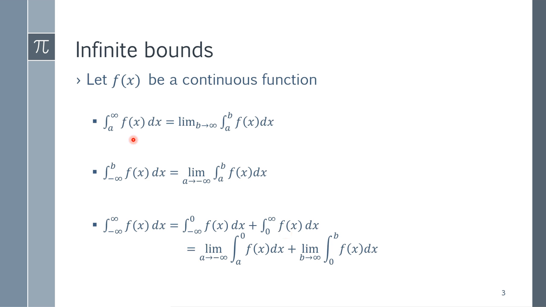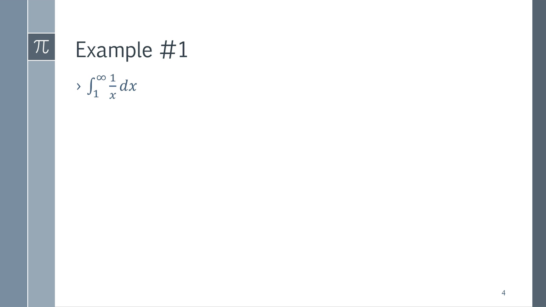So an example of this: if I am looking at the integral from 1 to infinity of 1 over x, I cannot actually evaluate this right off the bat because infinity is not a real number. So the first thing I have to do is change this so that I'm doing the integral from 1 to some variable.